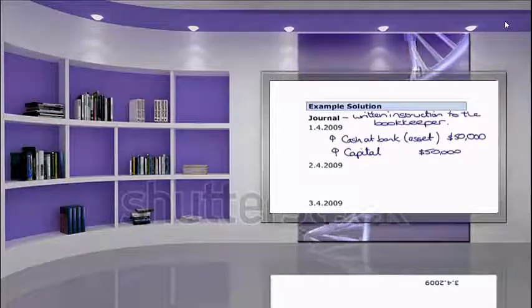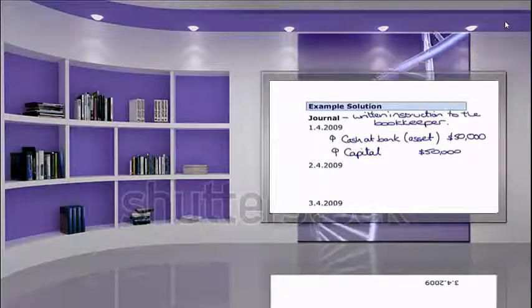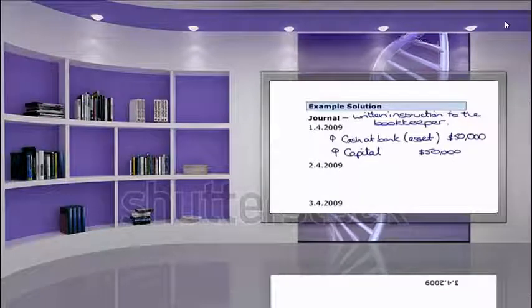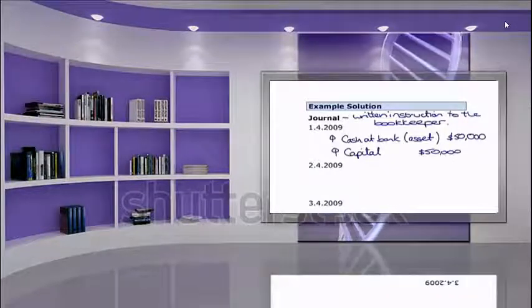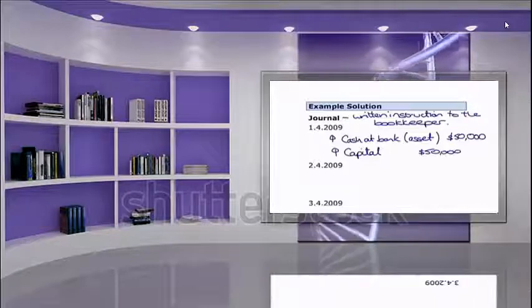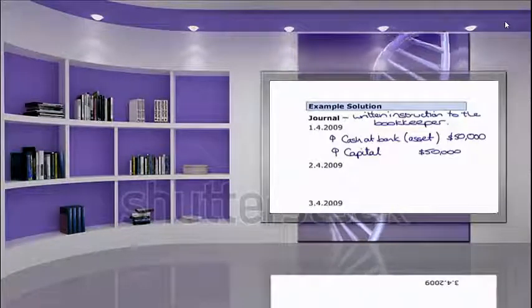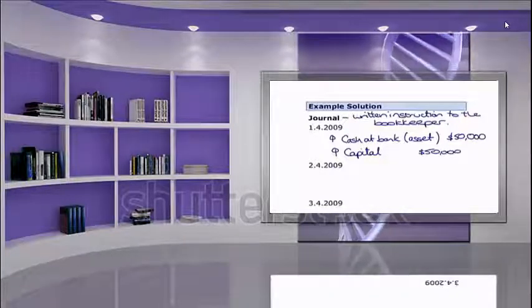Now what we've got to do is show the debit and the corresponding credit. So this is where you need to look back in your notes where we talked about that DEAD CLIC mnemonic. Go and have a look. Let's have a think about this increase at cash at bank. An increase at cash at bank is an increase in an asset.